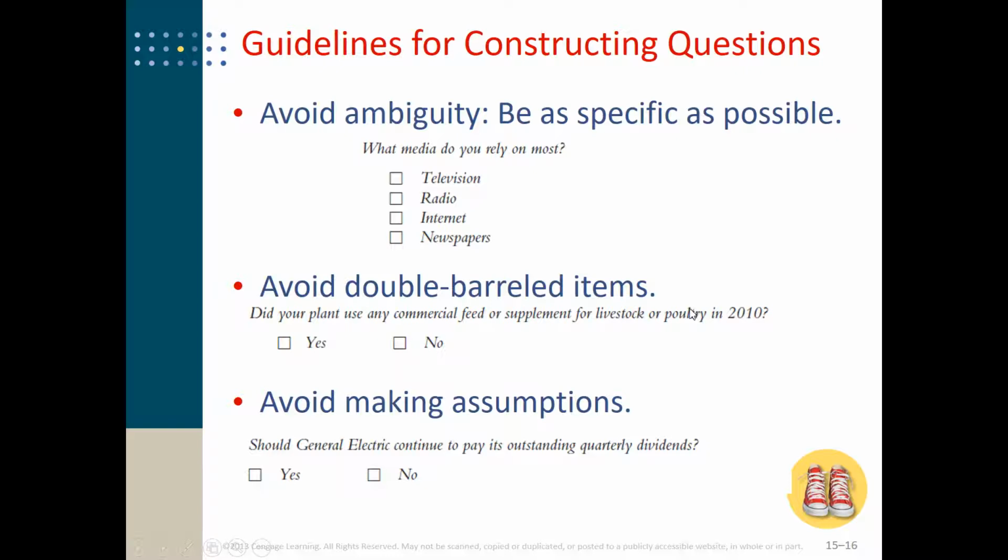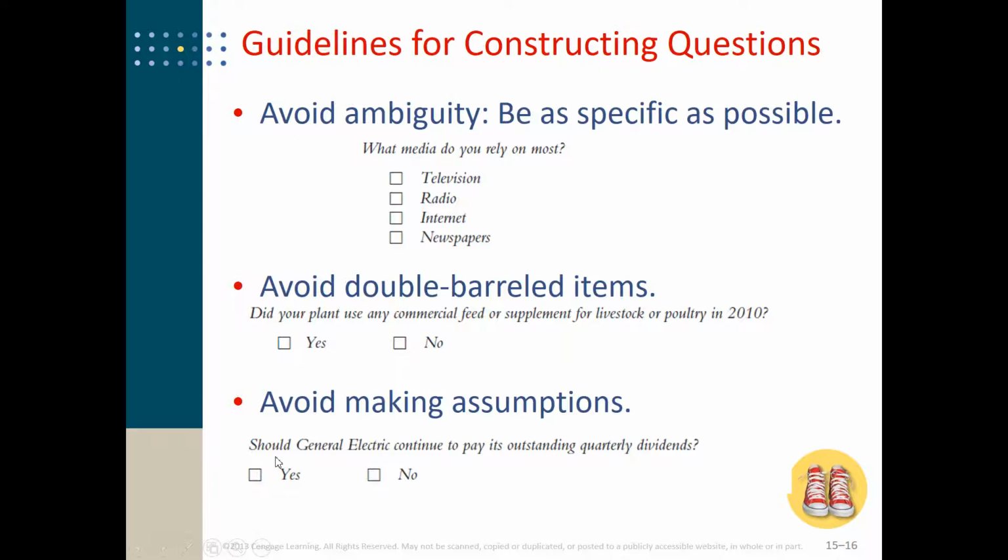This question covers multiple issues. Think that your plant used commercial feed but not supplement. What will be your answer? You used commercial feed for livestock but not for poultry. What will be your answer? So we need to avoid double barrel questions.